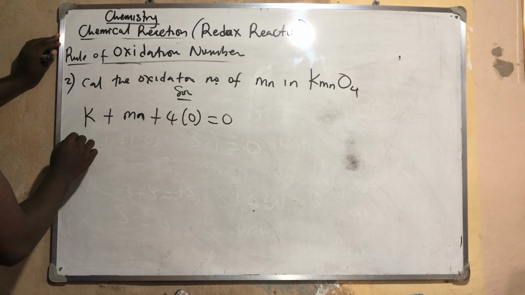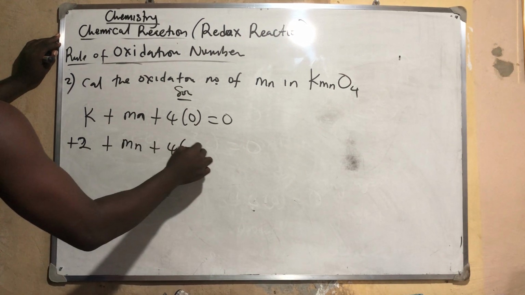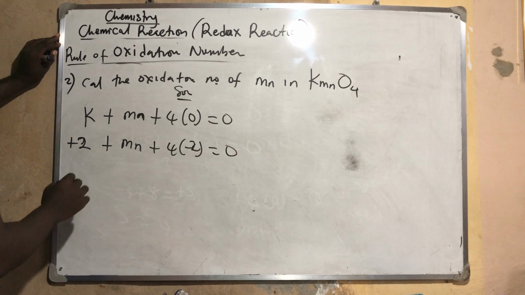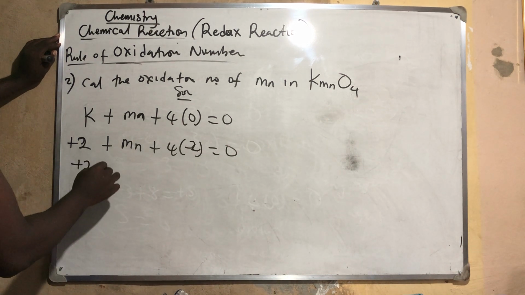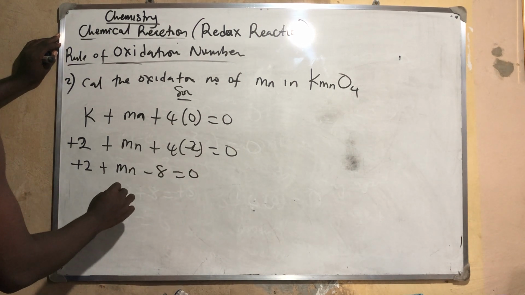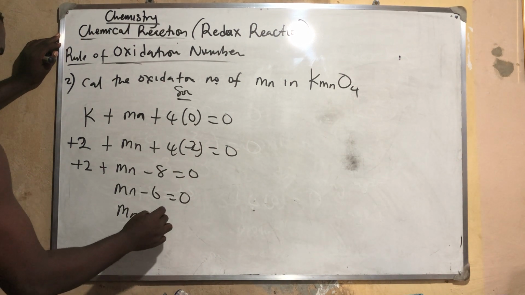Potassium is plus 2. Plus 2 plus Mn plus 4 into minus 2 is equal to 0. So we have plus 2 plus Mn minus 8 is equal to 0. So therefore, Mn minus 6 is equal to 0. Then Mn is equal to 6.